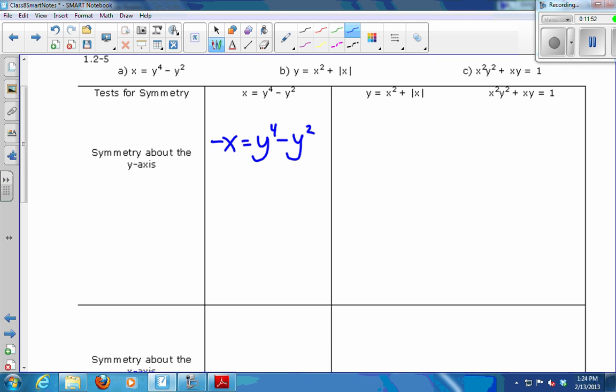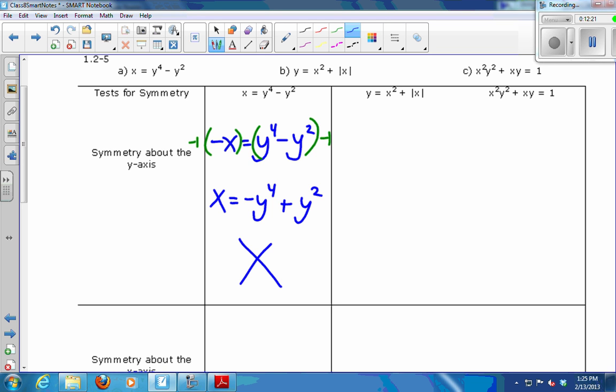No. I could try. The problem is that this is a positive x and I have a negative x. I could try to fix it by multiplying both sides by -1. But when I do that, my x gets fixed, but then both the signs on my y's get changed, and it still doesn't look like the original. So there's nothing I can do. We say that one does not have y-axis symmetry.